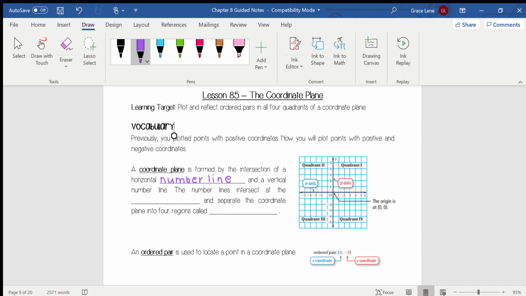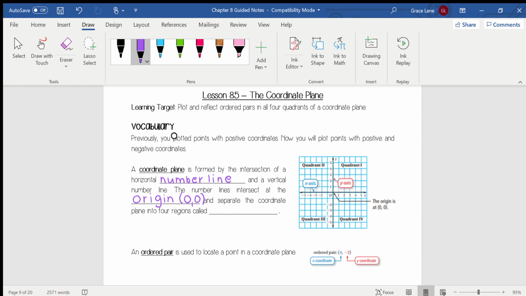The number lines intersect at what is called the origin, which with ordered pairs is marked as 0, 0. So at the point of intersection, that's called the origin.